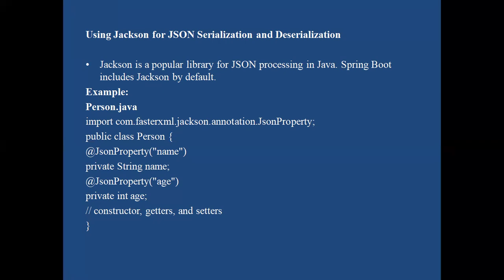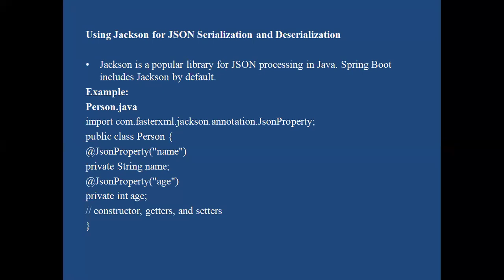In that, we import the package with the help of the import keyword. Then public class Person is the class. At JsonProperty, we have mentioned name here. Here we can declare the access specifier, public or private.